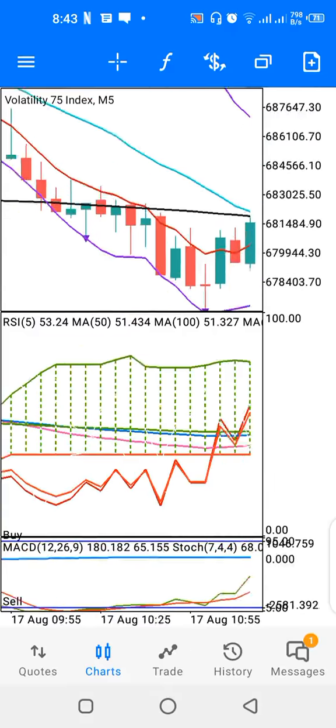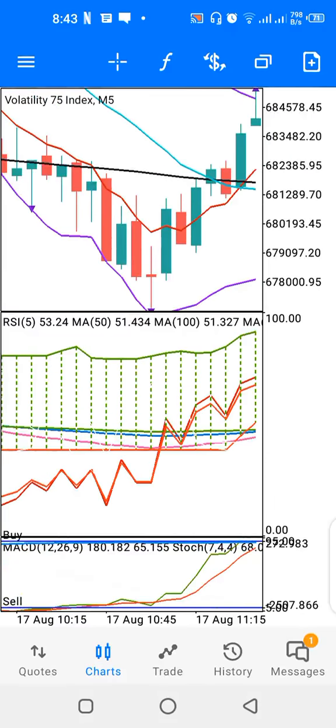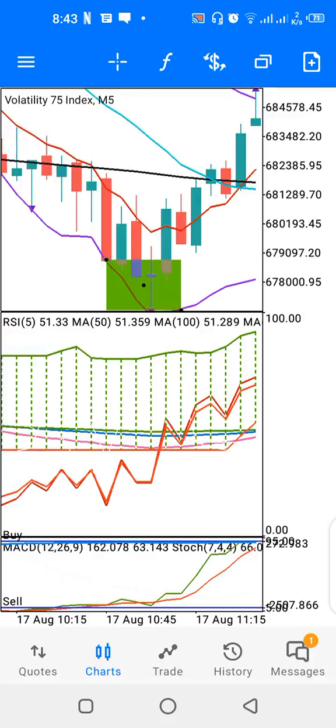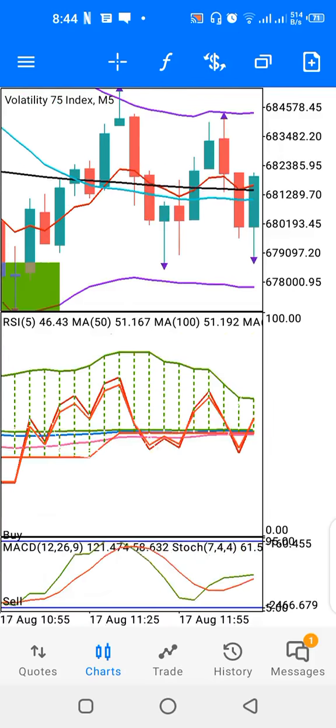Also for support, let's look at where we have support. Like you have support here. You have the candle forming a wick across the lower Bollinger Bands. That's your support.